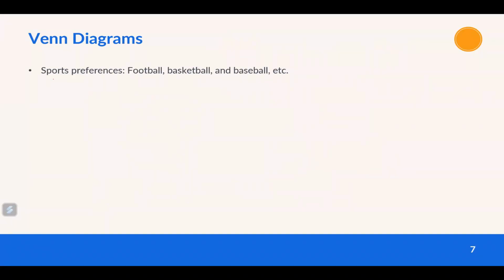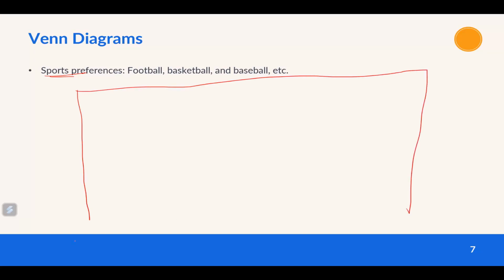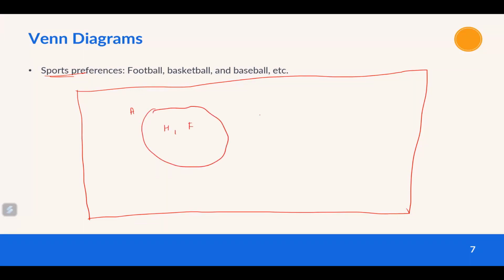We will do one more example on Venn diagram. Suppose we have a universal set which represents sports preferences by different people. Someone can like hockey, someone can like football, someone can like cricket, like that. Similarly, we have a person A who likes hockey and football. We can have a person B who only likes cricket. We can have a person D who likes no sports. So it is an empty set, right? It is an empty set. So for an empty set, we don't draw it in a circle.